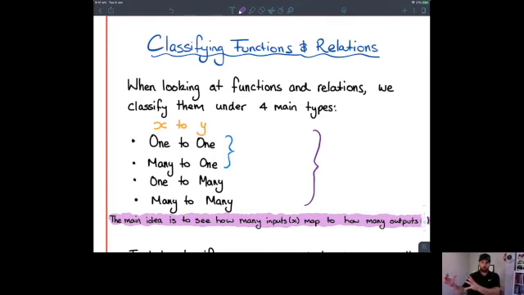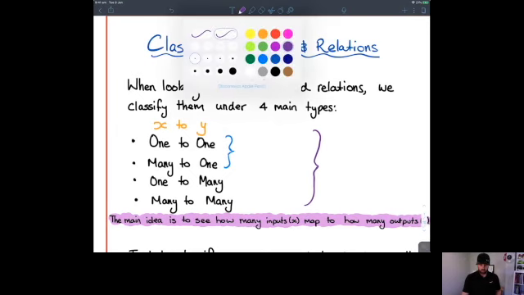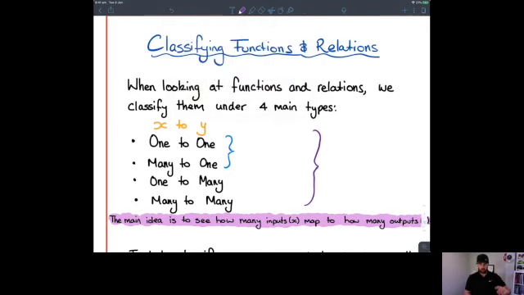Now, from what we already know earlier, every single function is a relation, but not every single relation is a function. And so all those four categories are classified as relations. Any one of these four categories can be determined as a relation.